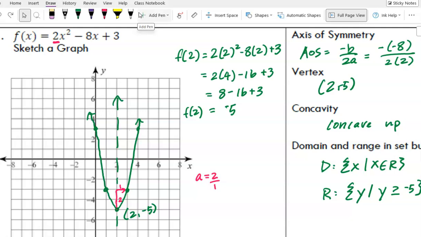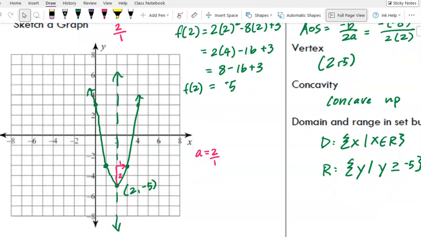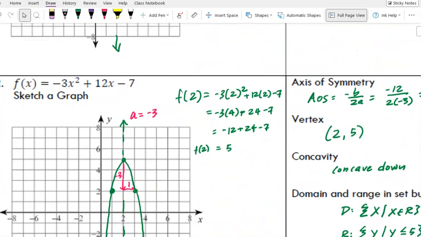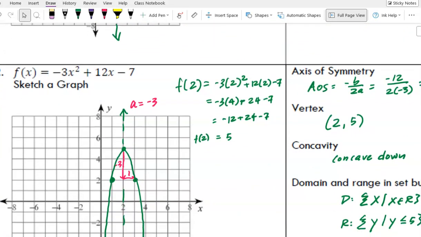So using that a value, I can plot the next point, because that a value to the next point from the vertex just tells you to go up 2 and right 1, and I showed that in the pink, up 2 and right 1. And so if you have that point, then you could just reflect it over the axis of symmetry and get the reflection point. Here, -3 is the a value.